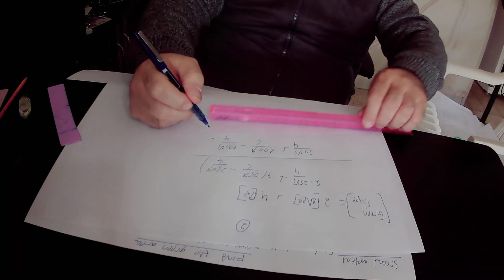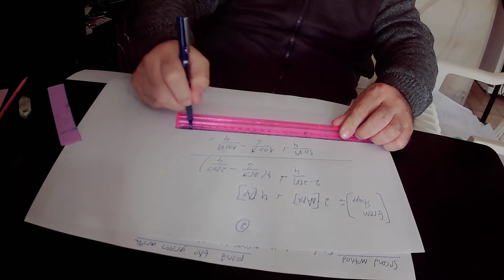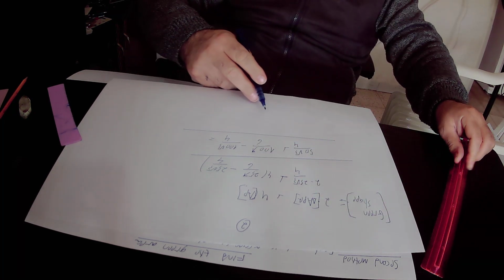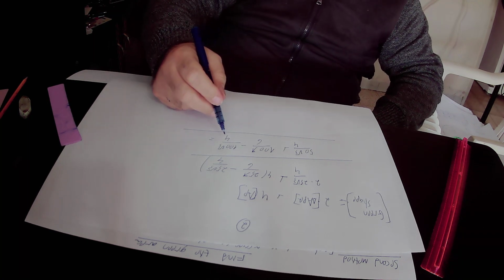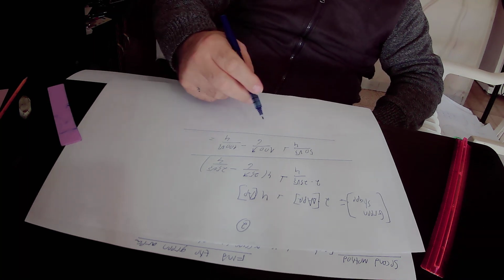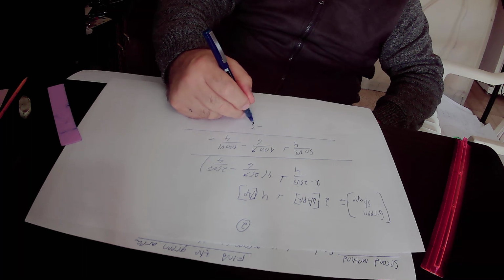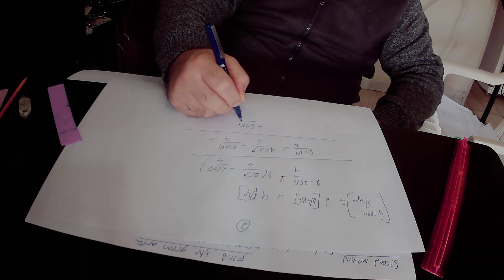So here 50 times square root of 3 over 4 minus 100 times square root of 3 over 4 is equal to minus 50 times square root of 3 over 4.